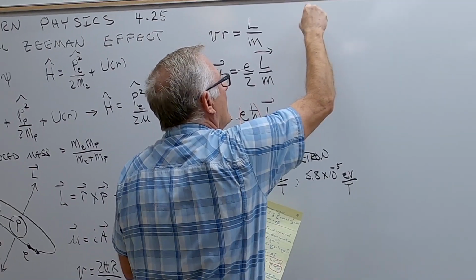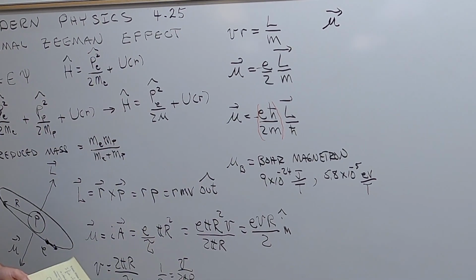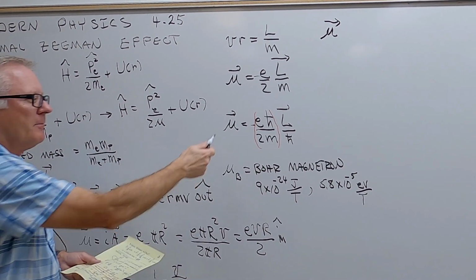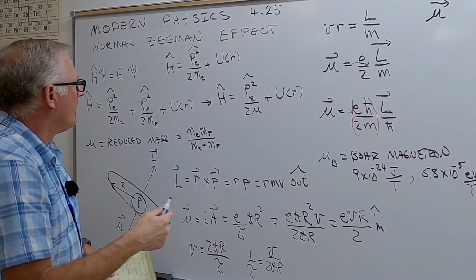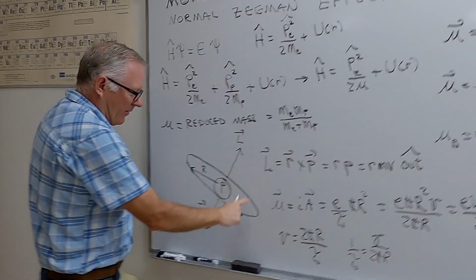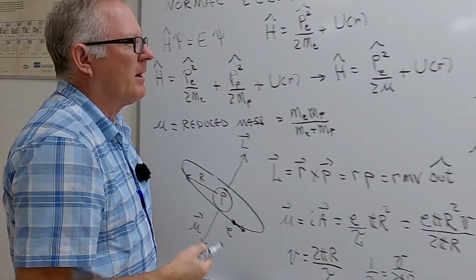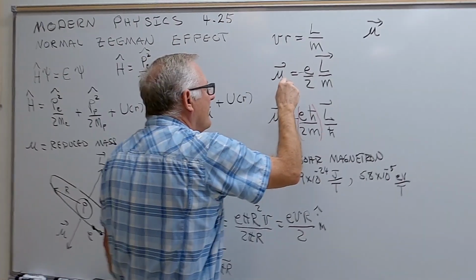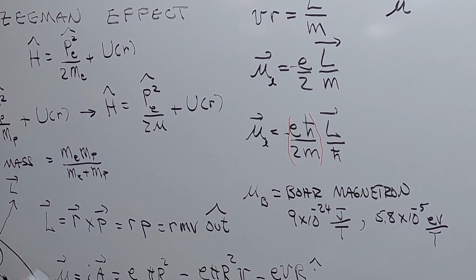Okay, so I can replace all this with mu b right here. A lot of mu's here. But mu b is a constant, it's these numbers. But mu is the magnetic dipole moment of the orbital. Matter of fact, since this is orbital angular momentum, I should even put a little L there, meaning it's due to the orbiting electron.